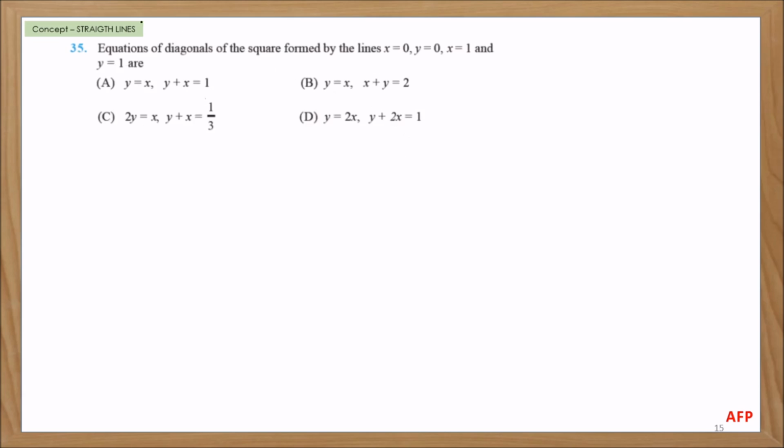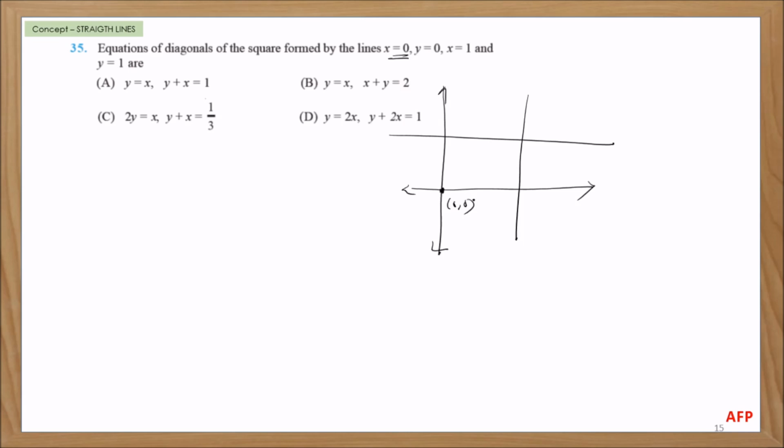Next, the diagonals of a square formed by x is equal to 0, y is equal to 0, x is equal to 1 and y is equal to 1. So here it is 0 comma 0, here it is 1 comma 1, here it is 1 comma 0, here it is 0 comma 1.